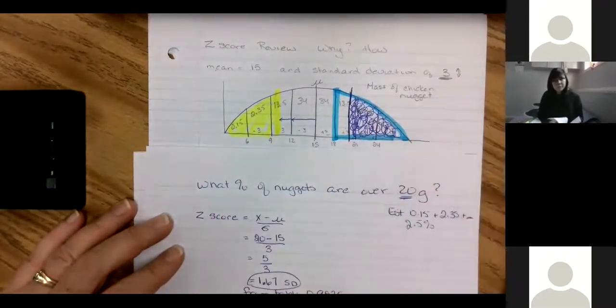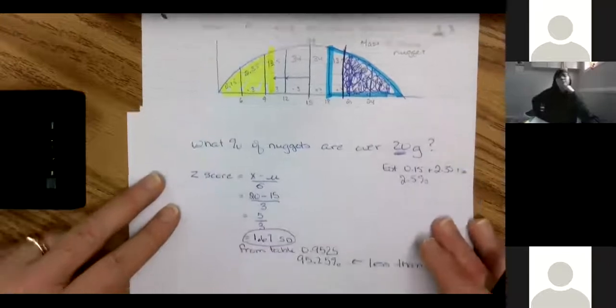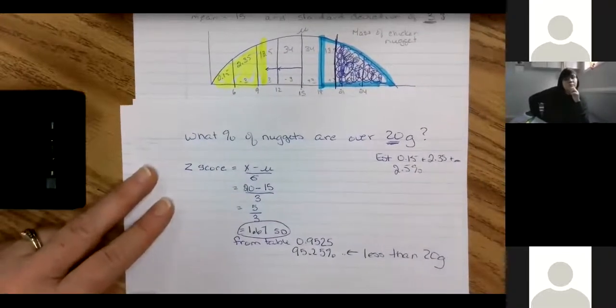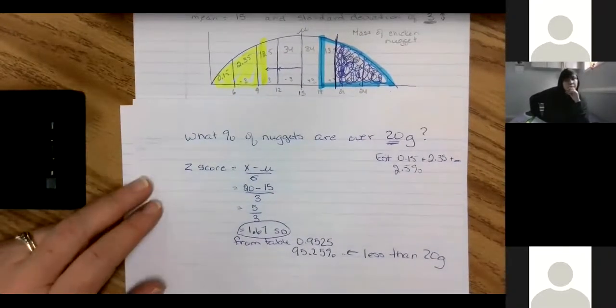That's the part we didn't color. That's all the chicken nuggets that are less than 20 grams. Oh, could there only be someone out there who's willing to tell me how I could possibly figure out the ones more than 20 grams?